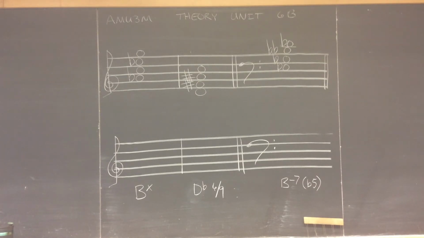A C diminished sixth is a C diminished triad with a major sixth added above. Remember, when there's a sixth, it's always a major sixth above whatever basic triad it is. That sixth is always in reference to the root to the sixth note of the scale itself. It's always a major sixth regardless of the key that you're in. And then we've also got C diminished seventh, and that's when we spell it with an actual diminished seventh on top. So octaves can be used and they don't affect the naming at all. And then we'll look at augmented.